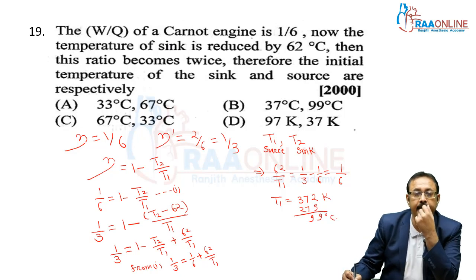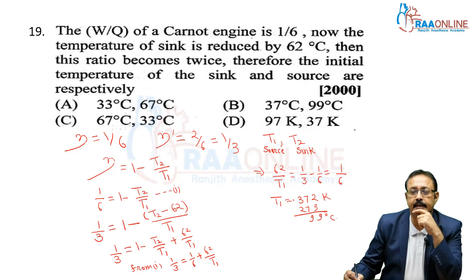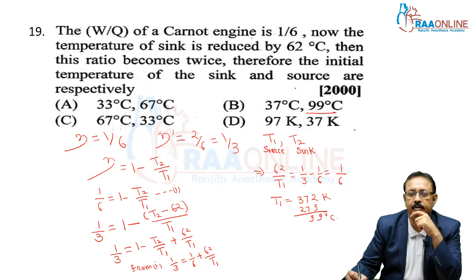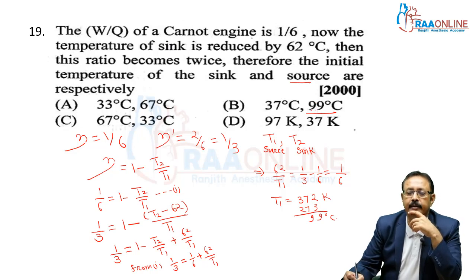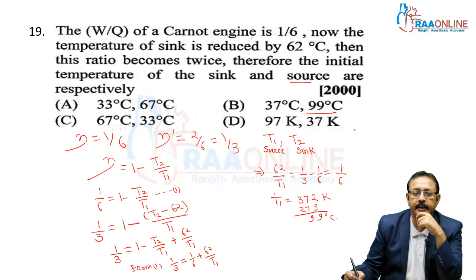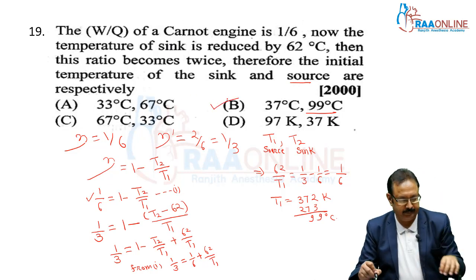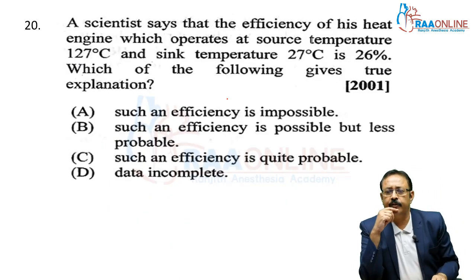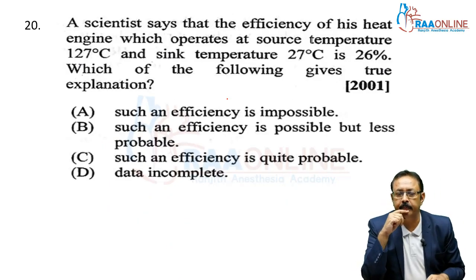Only in one option are we getting the source as 99, so there is no need to calculate for any other option. So we are getting 99. After putting T1 in any equation, you will get T2. So we are going with option B. It is from 2001 AIPMT.